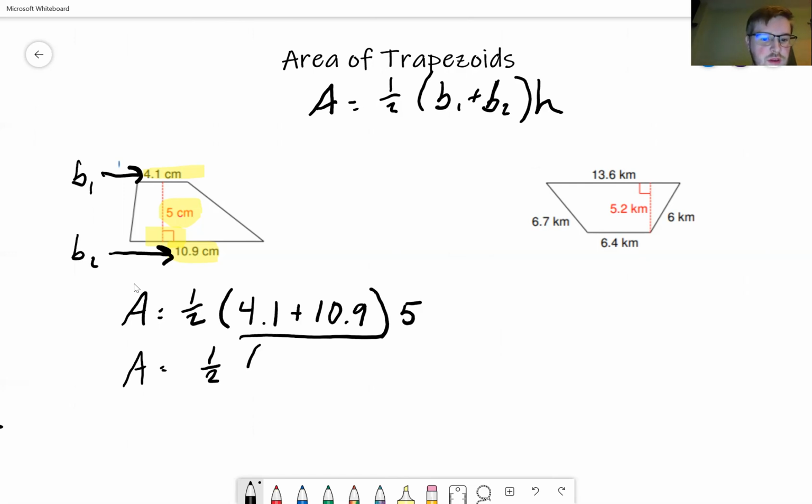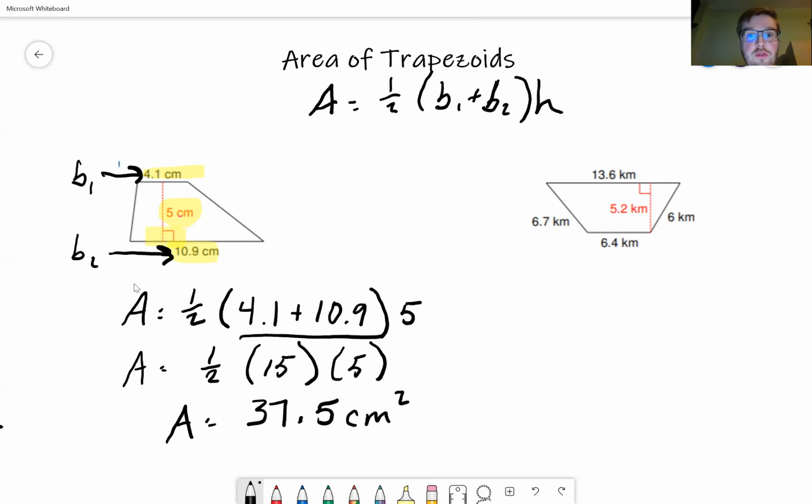Or if you have your calculator, you can just type that in and it'll do it real quick for you. So now we just need to do 1/2 times 15 times 5. So 15 times 5 gives me 75. Divide that by 2 or multiply it by 1/2, whichever way you choose. And I get 37.5. And this time it's centimeters squared. And I'm done. That's it.